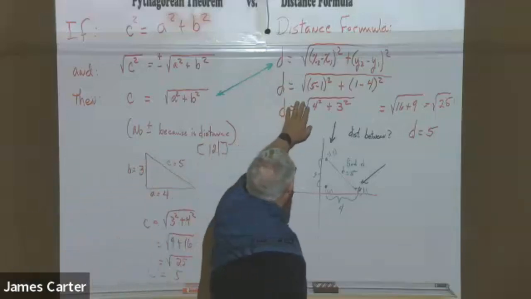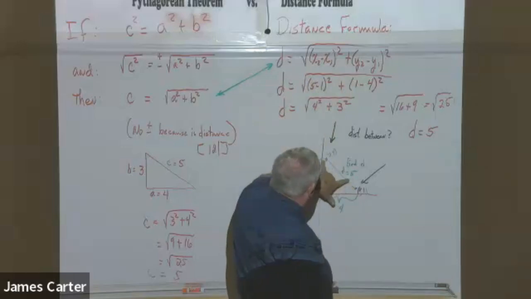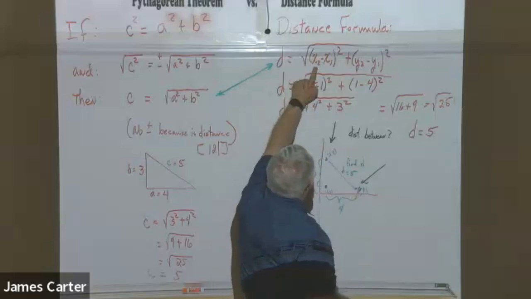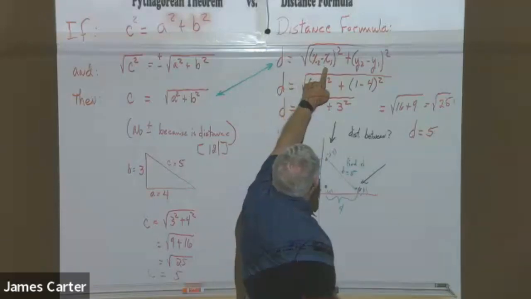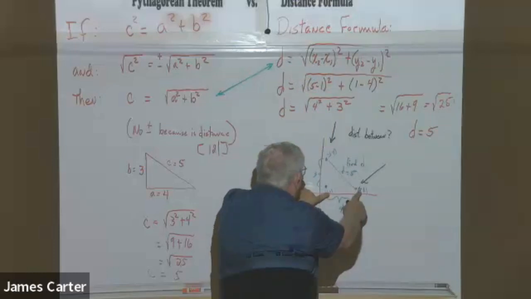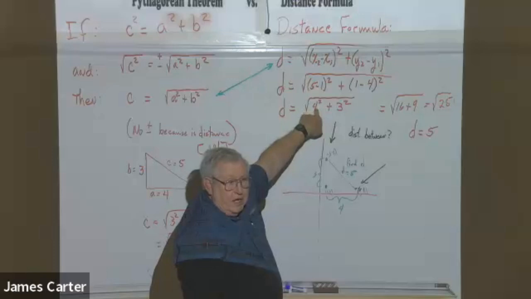In the distance formula, I've got these 2 points, these 2 endpoints on this diagonal line. So I've got x2 and x1. If I subtract those, this x value and that x value, I'm going to have 5 minus 1, which ultimately gives me 4 again.